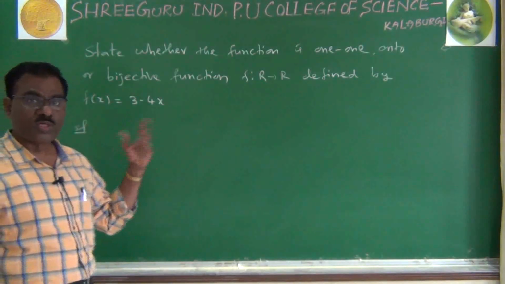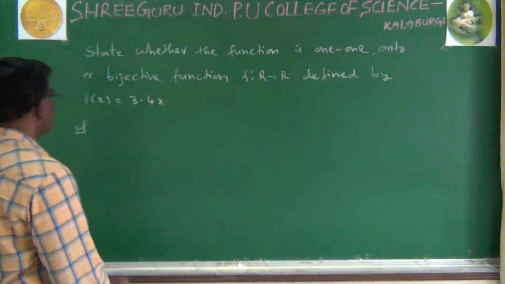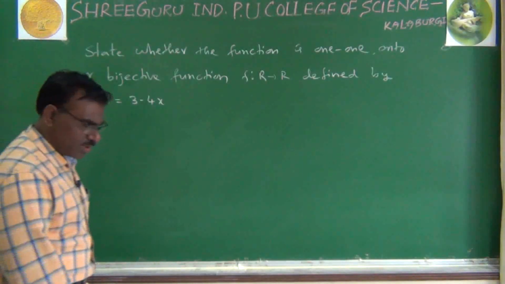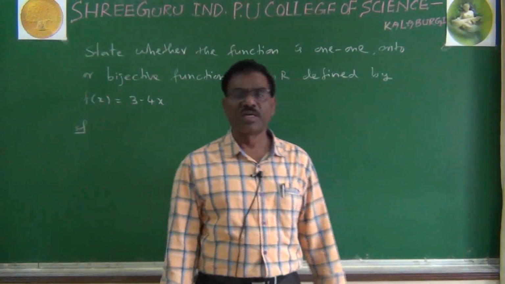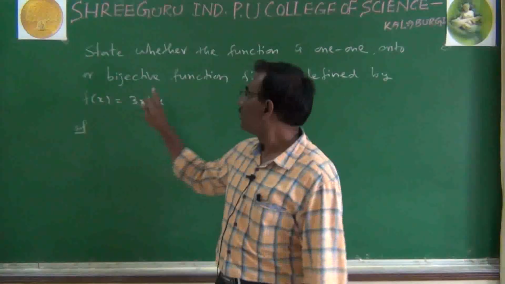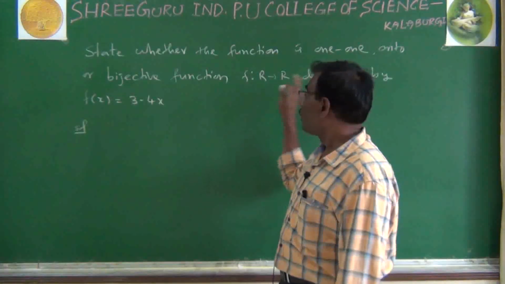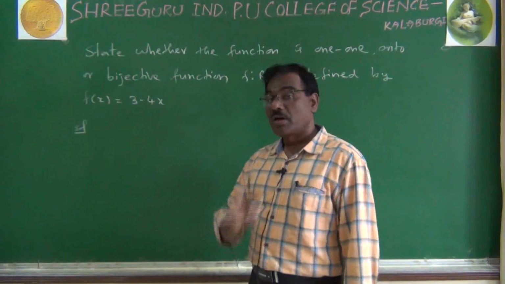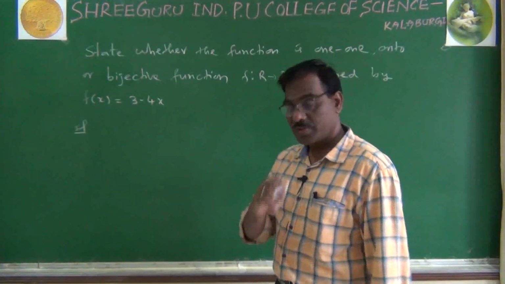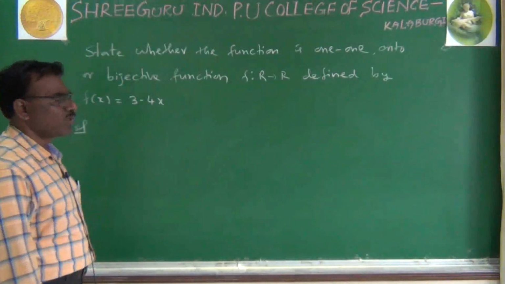Bijective means it is both one-one and onto. In CET, without solving, you can tell the answer, because a linear function mapping R to R is always bijective. You remember, okay? So this problem definitely comes bijective, both one-one and onto.